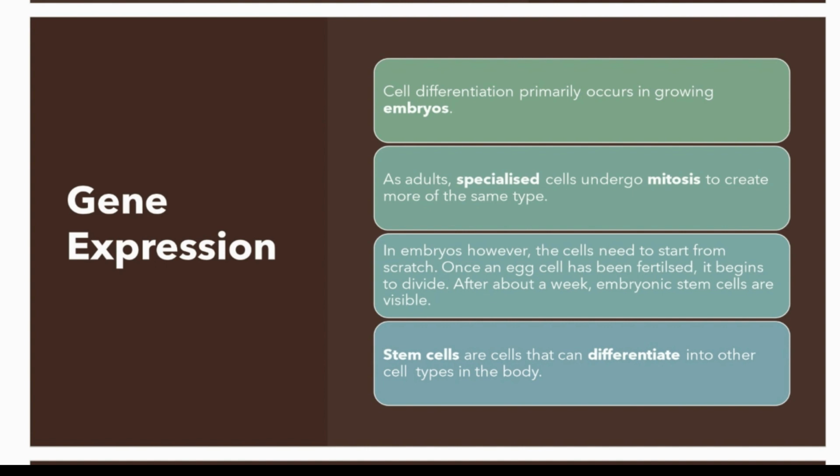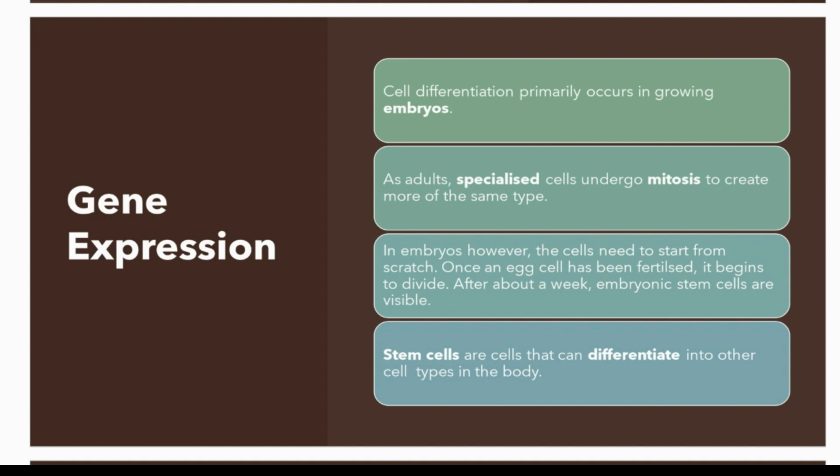It primarily occurs in our growing embryo. Once that specialized sperm cell penetrates the specialized egg cell of the mother and forms a zygote, which then starts growing and becomes an embryo, that's where all that cell differentiation occurs. Differentiation is how everything becomes its own thing and specialized.